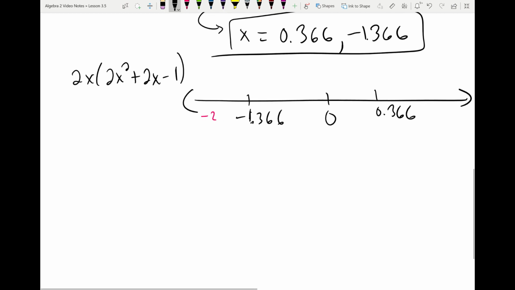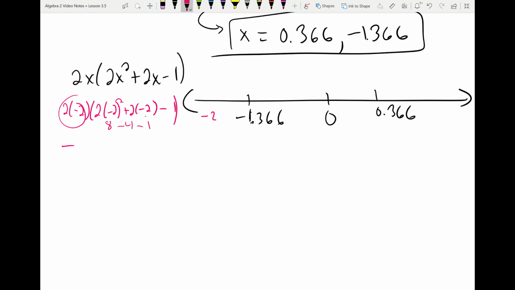Okay, so if we plug in negative 2 into this, we get 2 times negative 2 squared, plus 2 times negative 2 minus 1. This is going to be 4. 4 times 2 is 8. 2 times negative 2 is negative 4 minus 1. This is going to be a positive number. A negative times a positive is a negative.